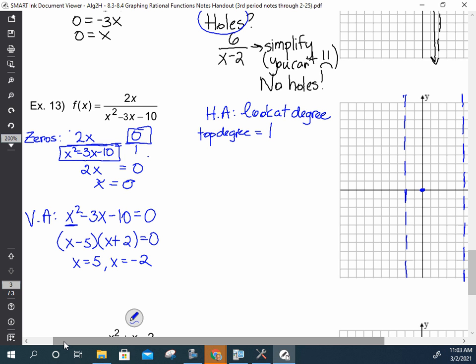The top degree is 1. The bottom degree is 2. 1 is less than 2, so the top is less than the bottom. So your horizontal asymptote is y equals 0.